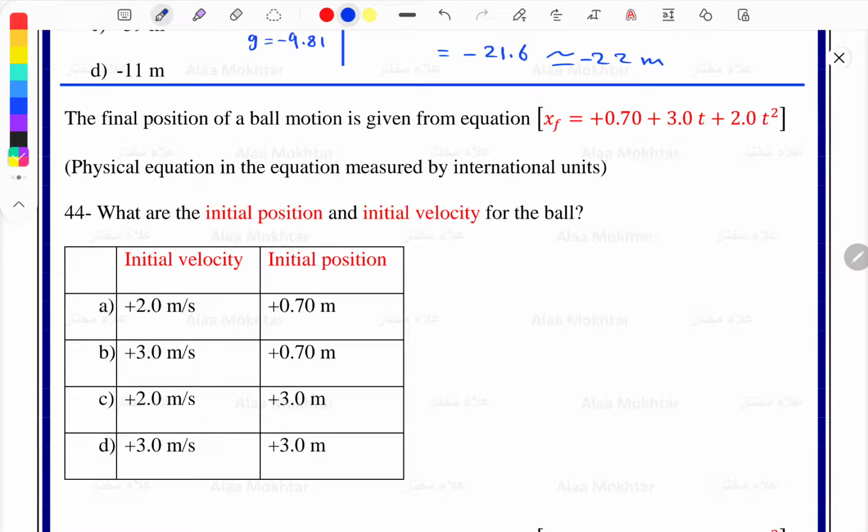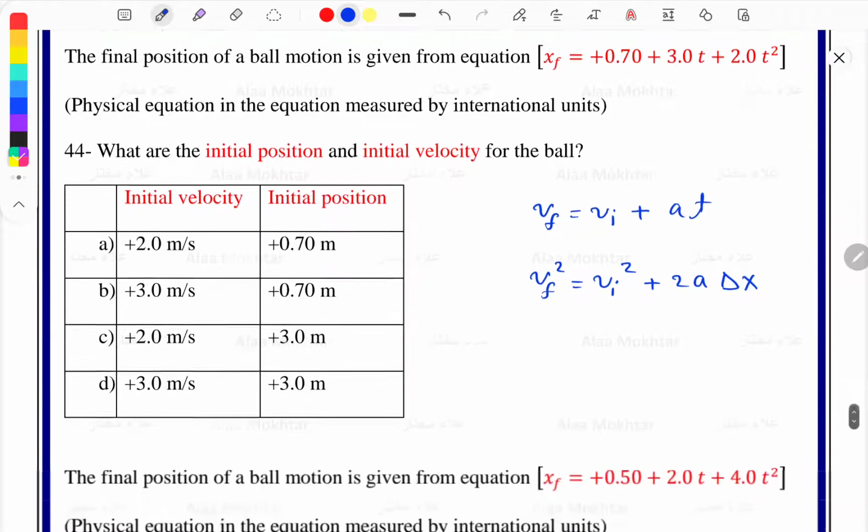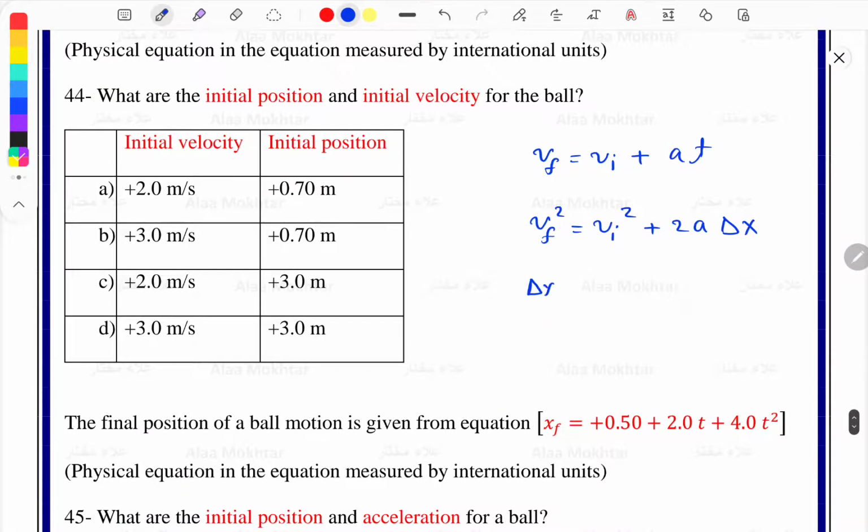If you remember, we wrote three equations before. V final equals V initial plus a t. V final squared equals V initial squared plus 2 a delta x. Delta x equals V initial t plus 1/2 a t squared.